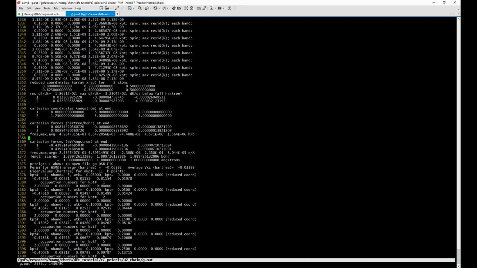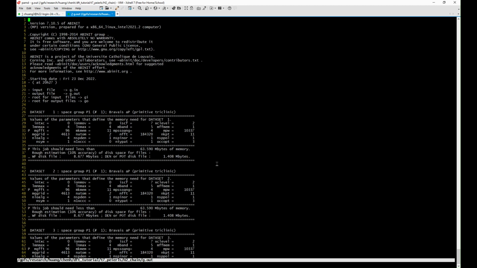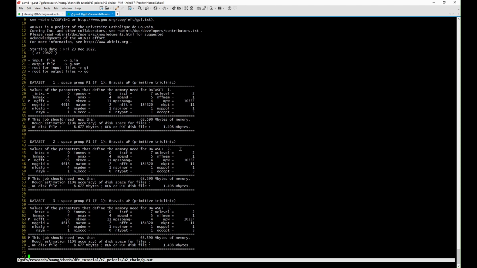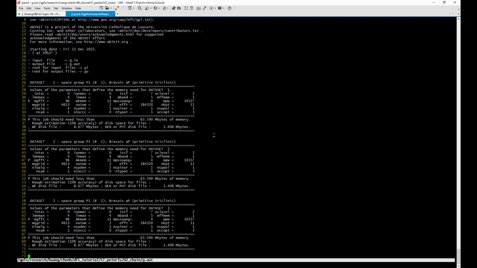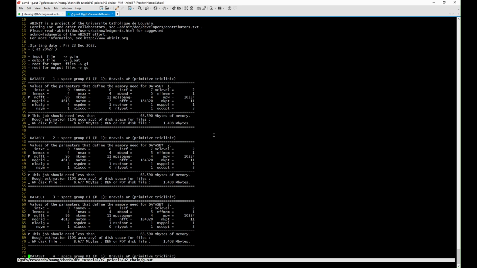So here I'm just going to show you how to extract the eigenvalues for these 5 bands from the ABINIT output. So here is the output file from ABINIT. You can see that I'm doing 10 different data sets by scanning the D values.